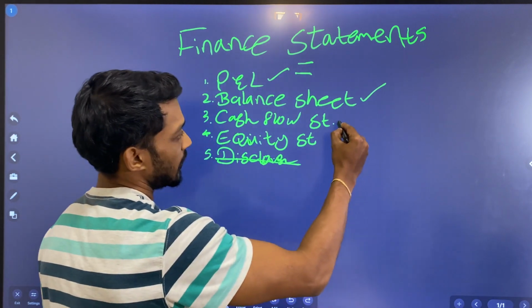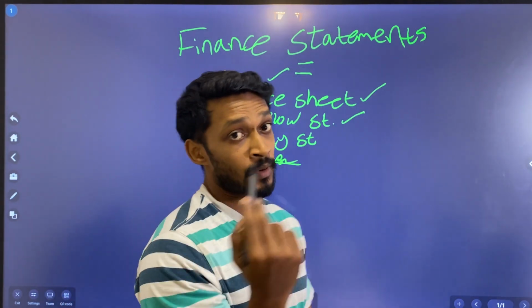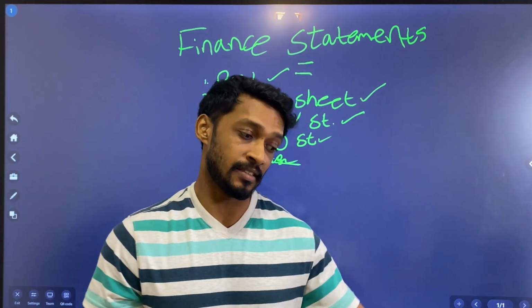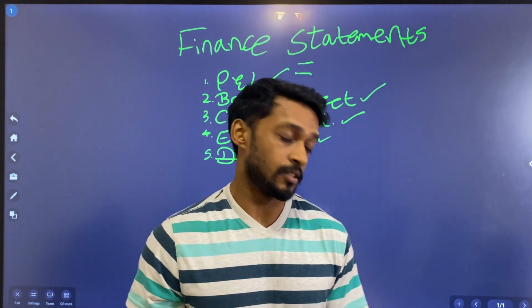Then the cash flow statement, where we can see the cash flow movement between periods, and the equity statement. The statement of changes in equity means things like capital changes.